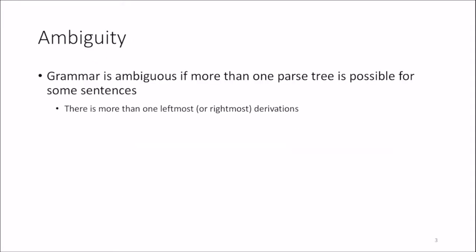So a grammar is ambiguous if there's more than one parse tree for an input, and you can say that more formally as having more than one leftmost or more than one rightmost derivation. So if an input string has more than one leftmost derivation, then the grammar is ambiguous.